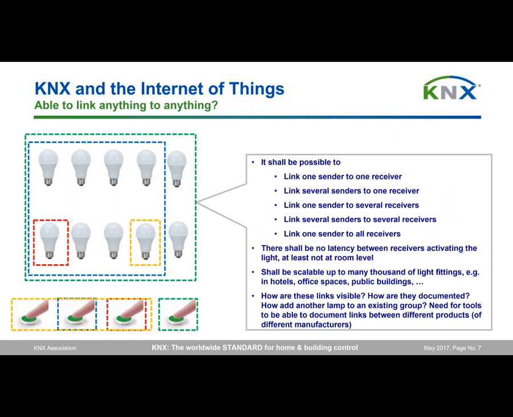Also, the topic of grouping of lighting is very important, because does the solution allow you to link anything to anything? Of course, linking one sender to one receiver is a job that can be easily solved.